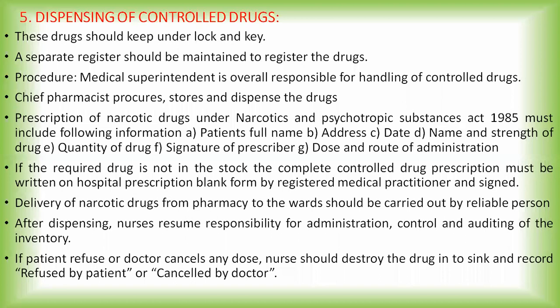Whatever the prescription of the narcotic drugs and psychotropic substances, okay, it has to comply through the Act of Narcotic and Psychotropic Substances 1985, and it must include the following information: patient's full name, his address, date, name and strength of the drug, quantity of the drug which has to be given, signature of the prescriber, and dose and route of the administration.